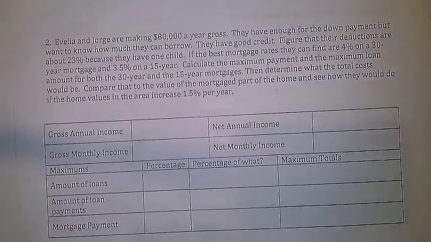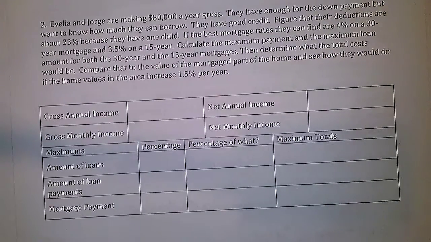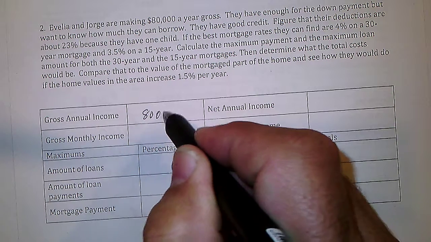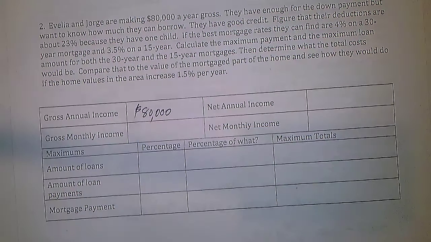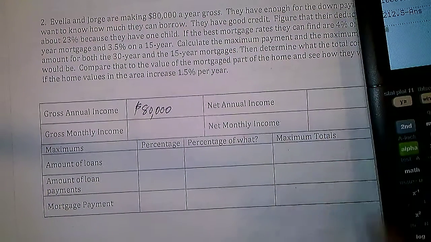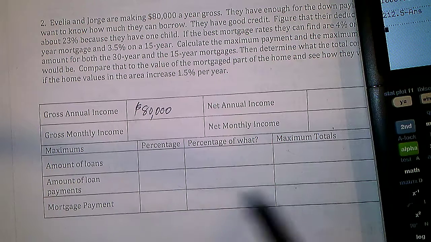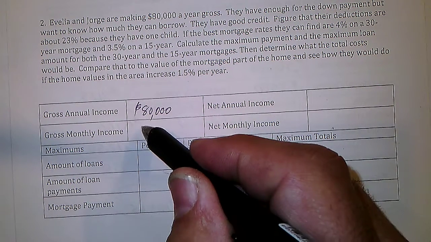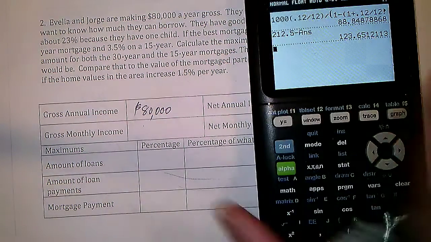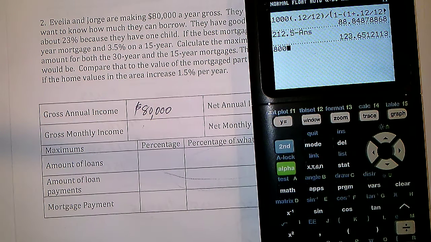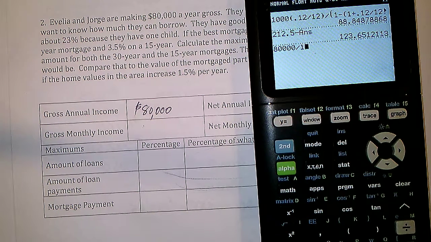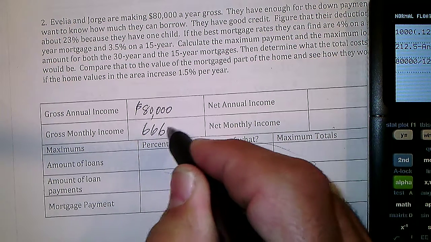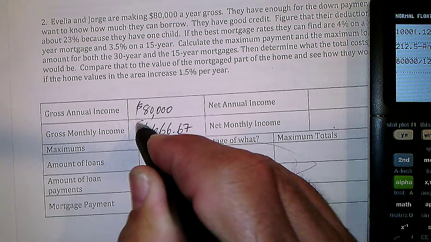And the second question is about a mortgage, and their annual gross is $80,000, and we really don't need the monthly and all these because these are all for loans, and we're just working on a mortgage here. So the gross monthly is 80,000 divided by 12, which is 6,666 and 67 cents.